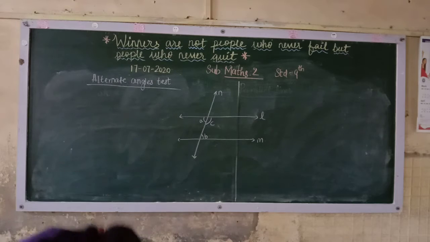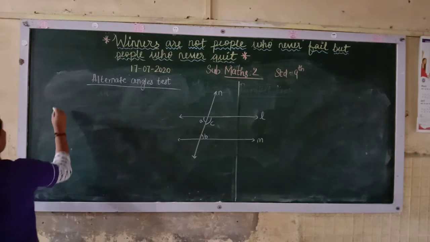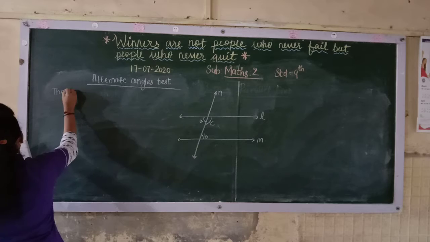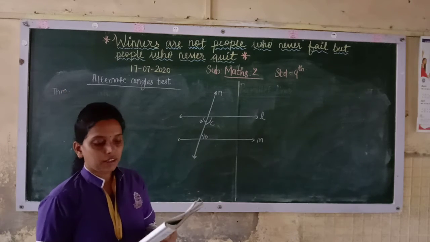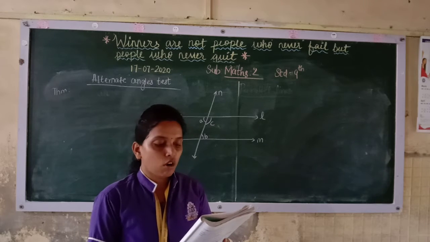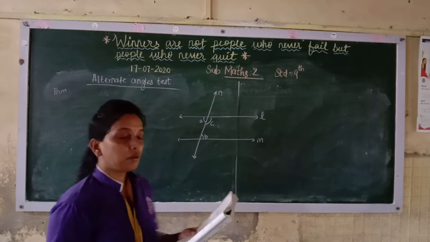Now the theorem is, if a pair of alternate angles formed by a transversal of two lines is congruent, then the two lines are parallel.